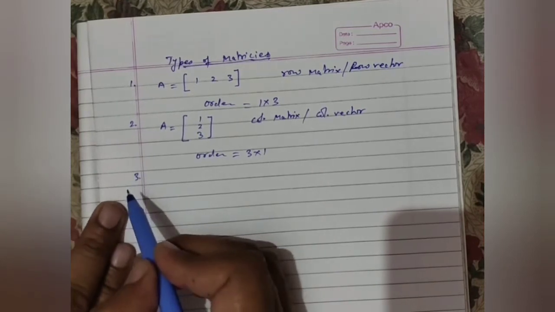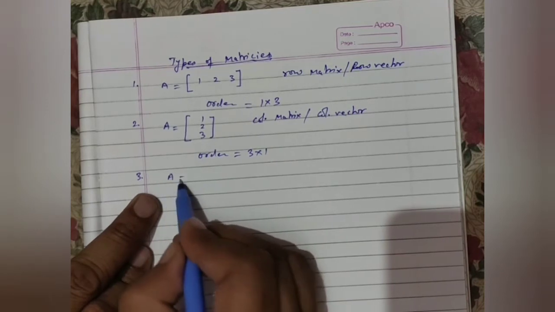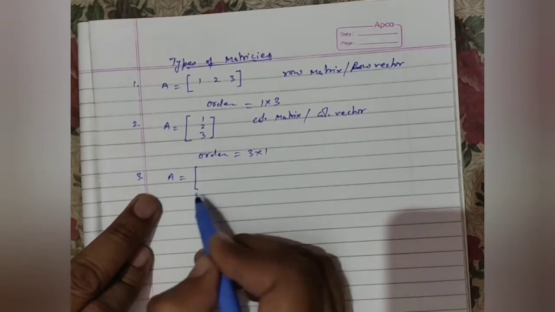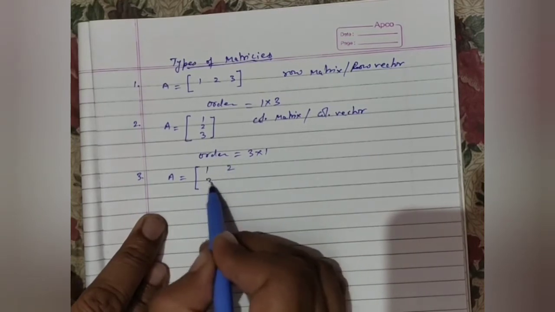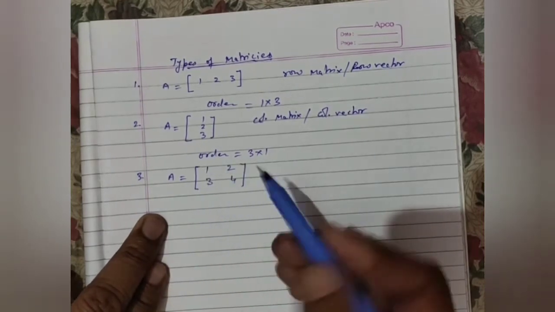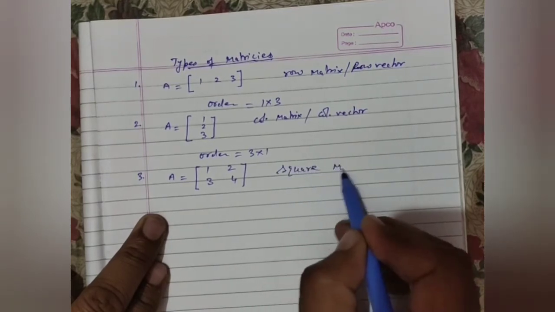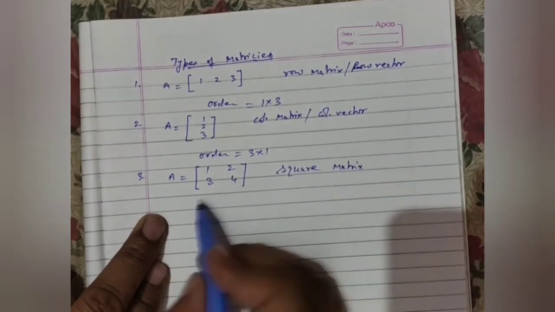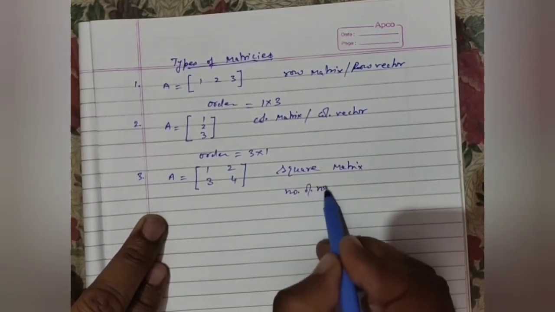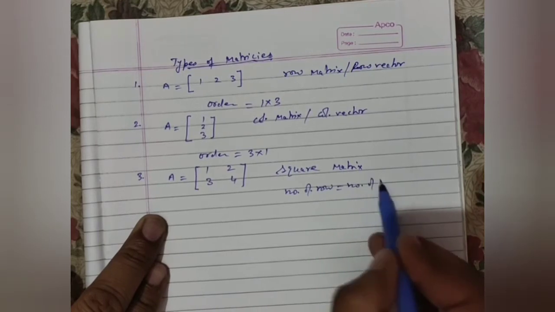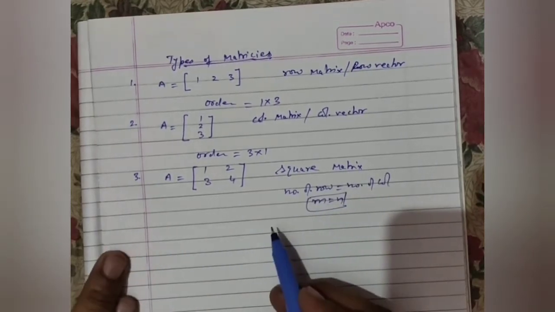Number 3: if a matrix has an equal number of rows and columns, it is called a square matrix. The number of rows is equal to the number of columns, m is equal to n. Then the matrix is a square matrix.